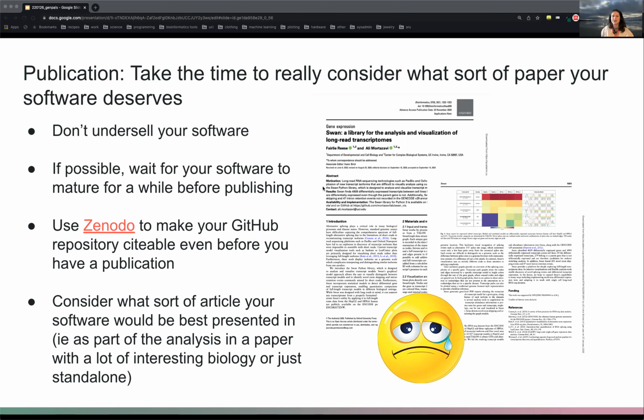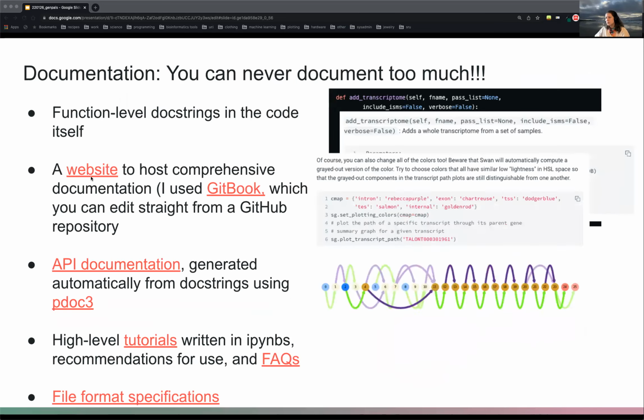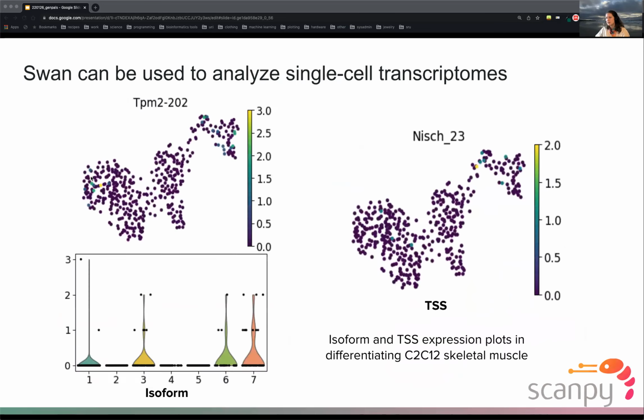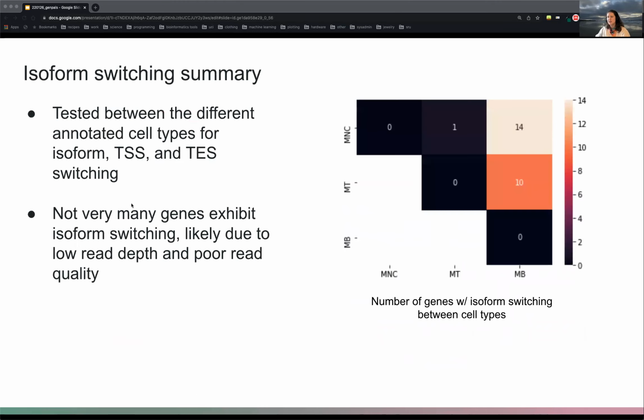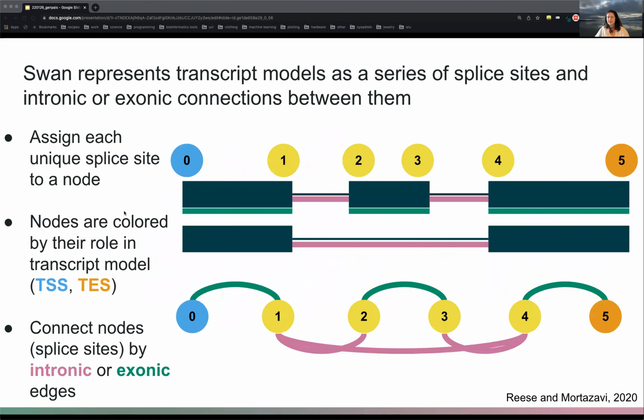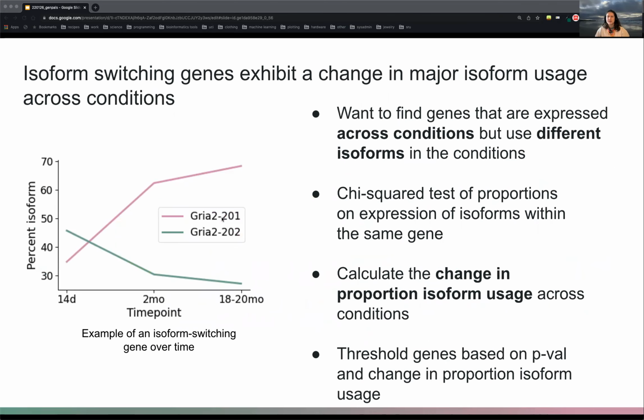I'd do something more along the lines of what I showed for this presentation: here's the Swan graph, here's the transcript path graph, here's a report for the TPM, here's a report for the percent isoform usage, and then show some plots that follow up using the numbers that Swan reports, but not necessarily plots that Swan can make out of the box, such as this one. I really like this one. I think that this is a very clear way of visualizing isoform switching.